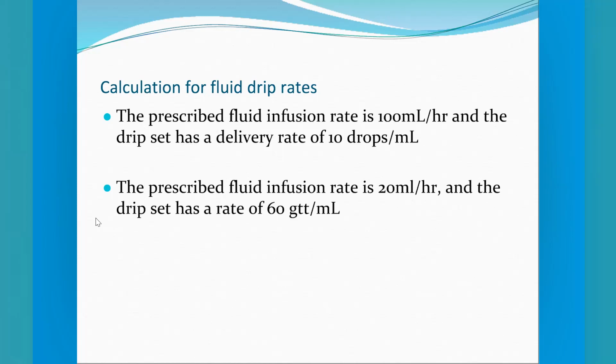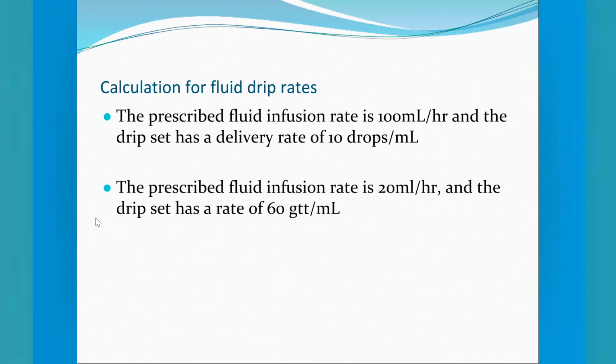So the next one is the prescribed fluid infusion is 20 mils per hour, and the drip set is 60 drips per mil. So again, we are going to take our 20 times our 60. And then remember that hour is changed to seconds.